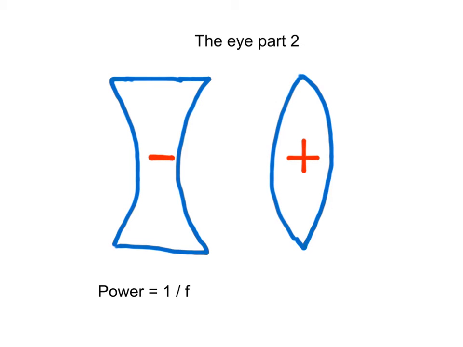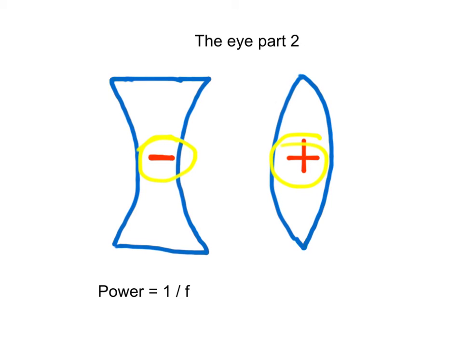If you put two lenses in series together, and they've got the same power, obviously this one being a negative power and this one being a positive power, but if they're, I shouldn't say the same, if they're opposite, then the net effect is 0.